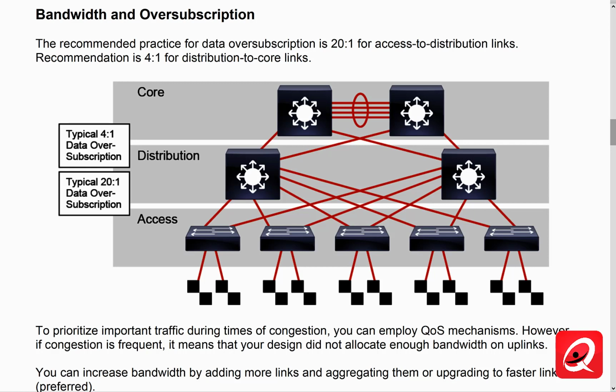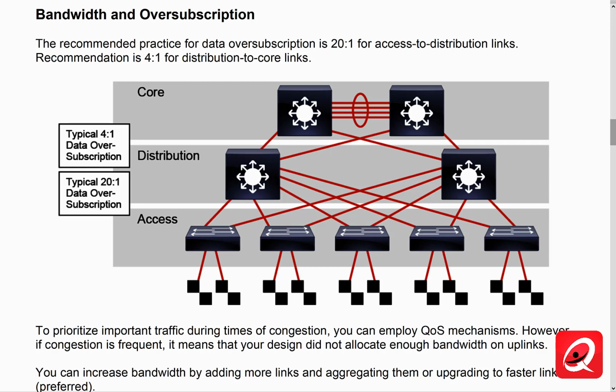In the past, wireless maybe provided 54 megs of throughput or maybe 11 megs of throughput with some of the legacy concepts, but now we're talking about gigabits of throughput. So we have to take that into consideration.